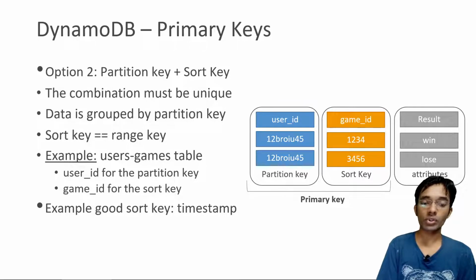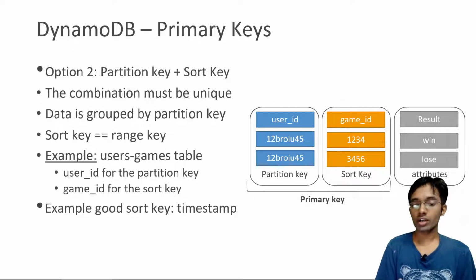For example, if you have a users-games table, user_id would be a great partition key and game_id would be a great sort key. It's possible that a user has multiple games, but each game_id and user_id combination is going to be unique, and hence it's a great choice. Another good choice for a sort key is usually a timestamp.